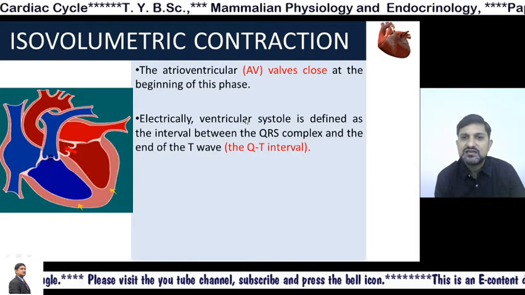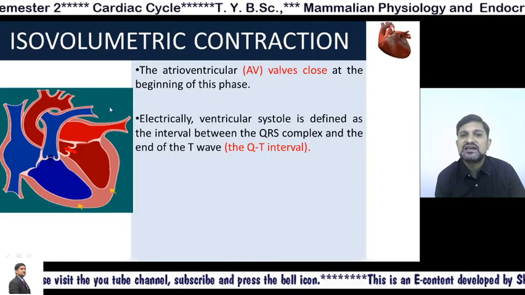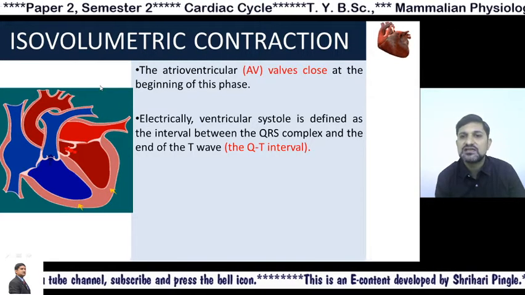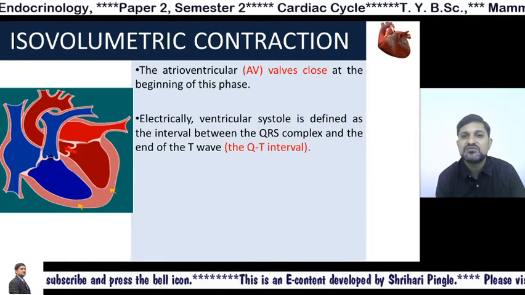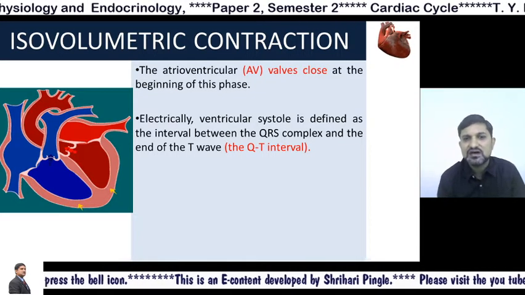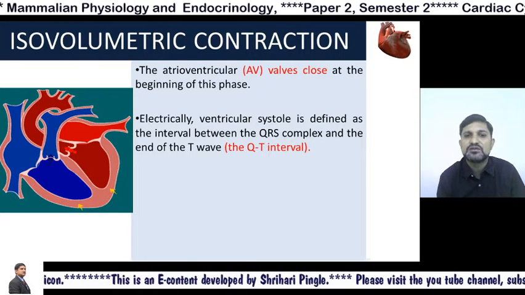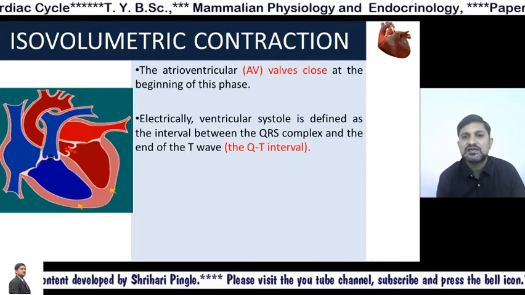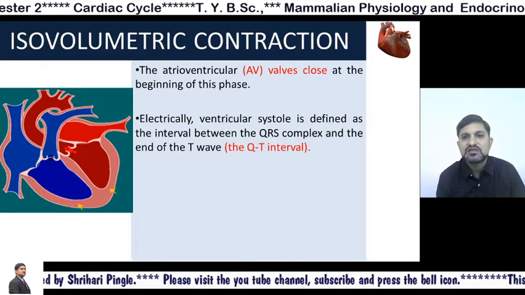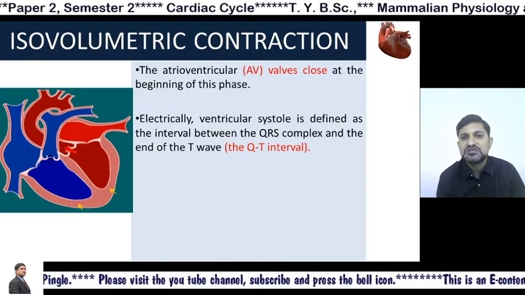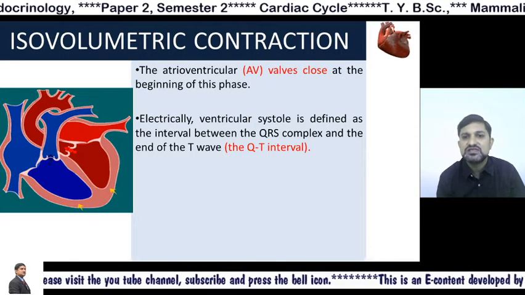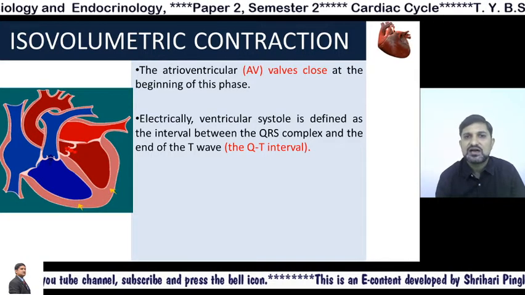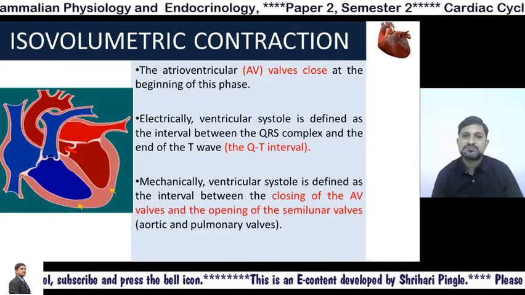Now, electrically, ventricular systole is defined as the interval between the QRS complex and the end of the T wave. You can remember the earlier slide where I showed the P wave, followed by the QRS complex. So the interval from Q to T wave, that means the QT interval, represents isovolumetric contraction.